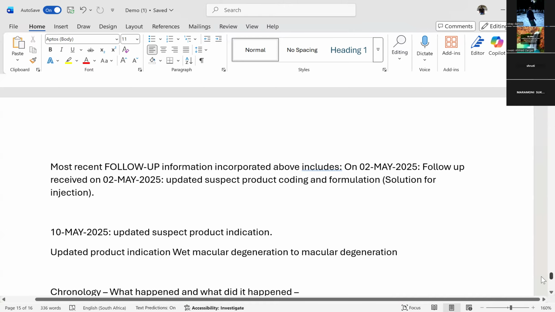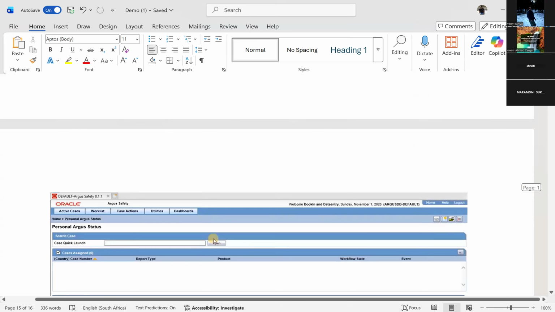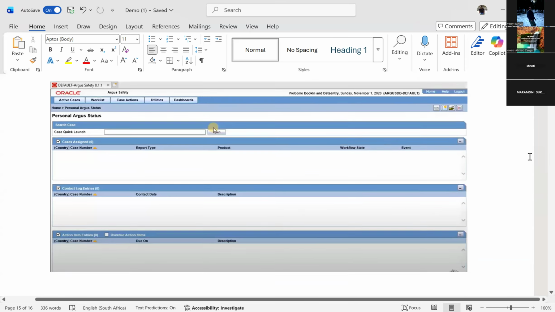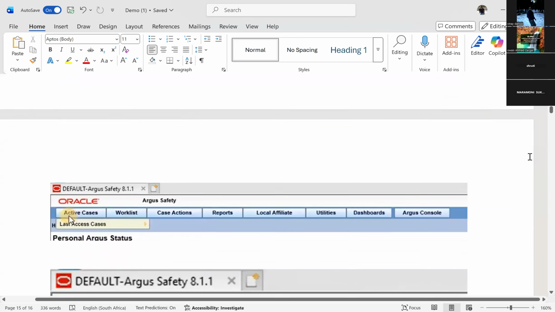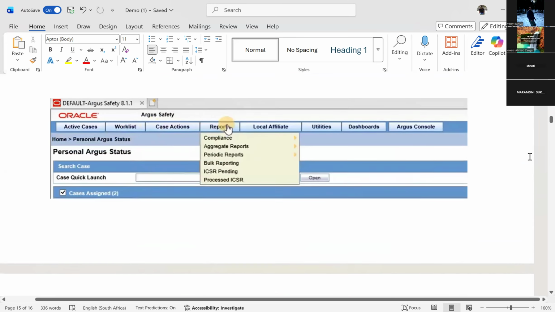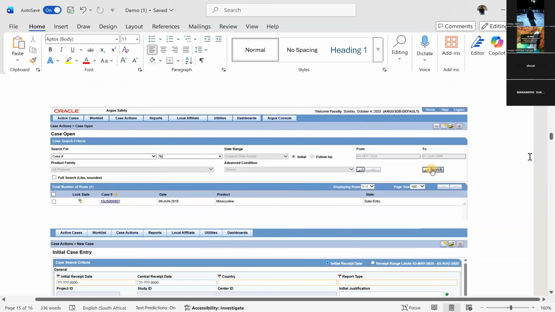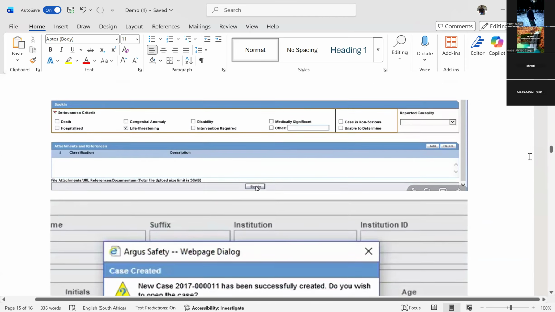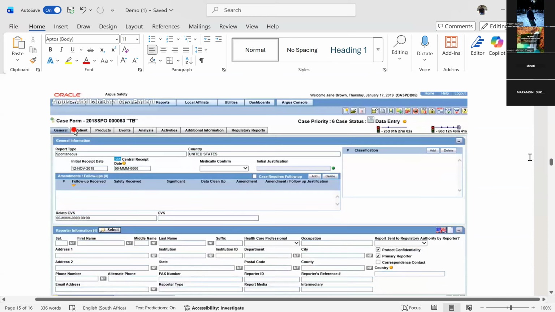So before closing out today's session, I'll give you a quick recap of what we have discussed from data entry, case intake, narrative writing, and regulatory reporting. So starting from the general tab, after creating a case, we move on to the general tab.